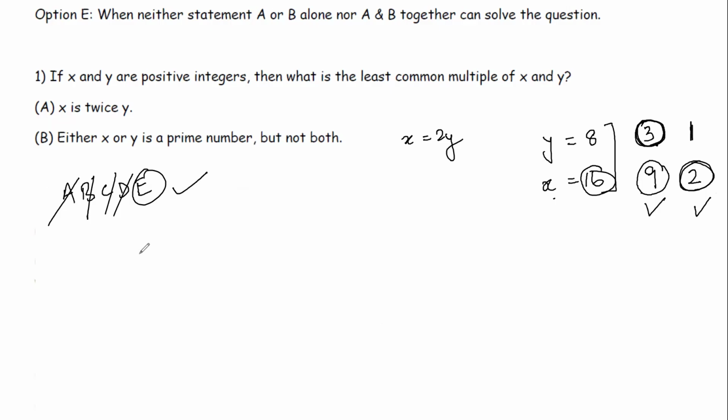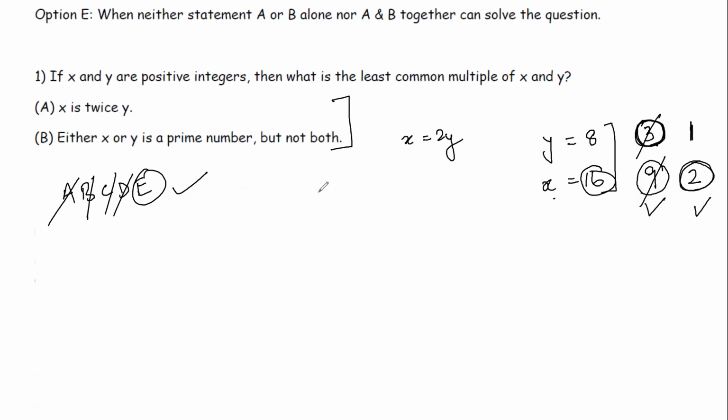Now, in this question, had they said that only x is a prime number, then we would have had a definite answer. We would have had to take both statements together.